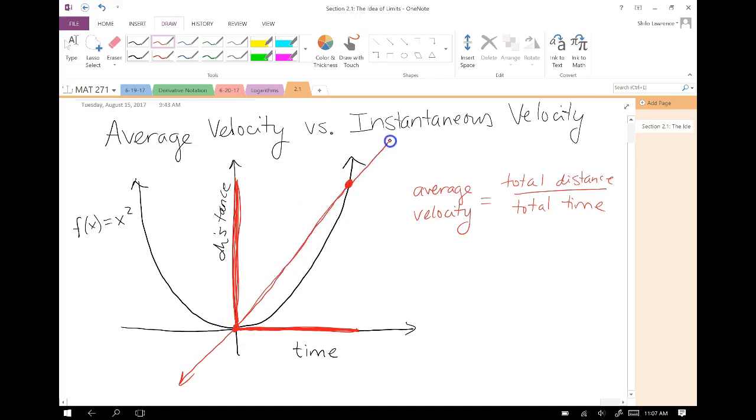Now, a secant line is a line that crosses our graph in 2 places. Now, we can easily compute this with things that we know from algebra, because we will know 2 points on this graph. And this is just our slope formula.